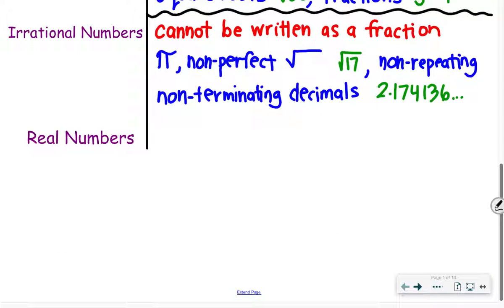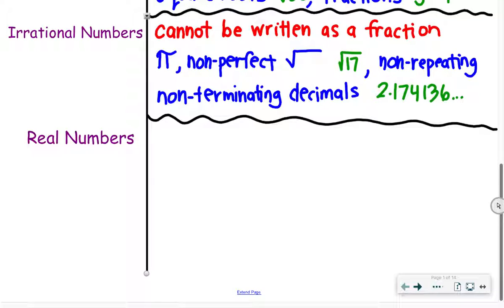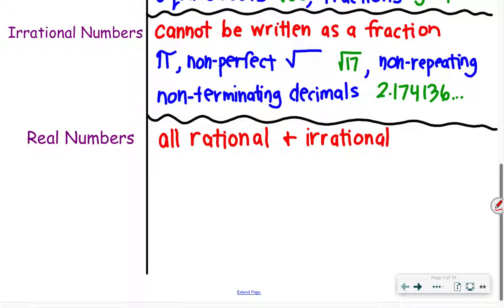Okay. One more is real numbers. Real numbers is really, up until this point, any number you've ever learned in one of your math classes. So it's all rational and irrational numbers. All rational and irrational numbers are considered real numbers.